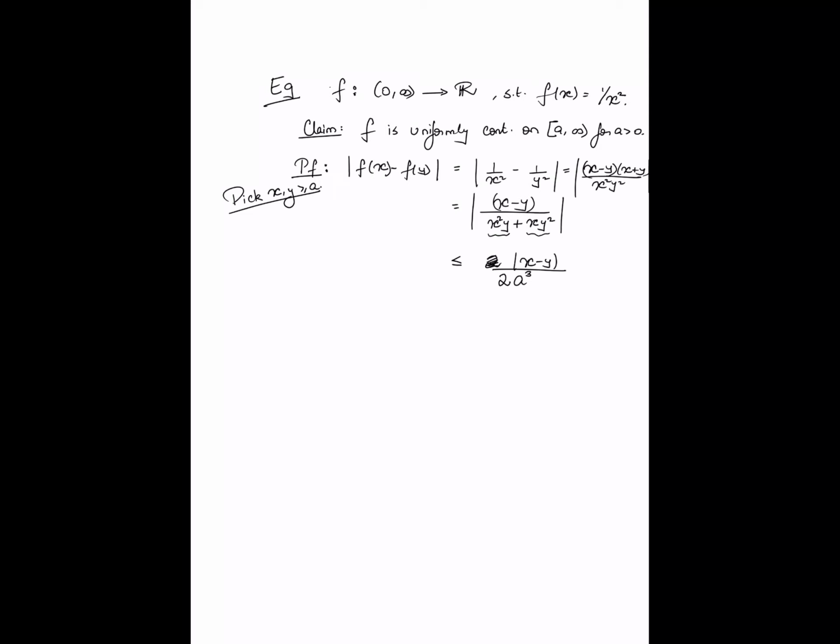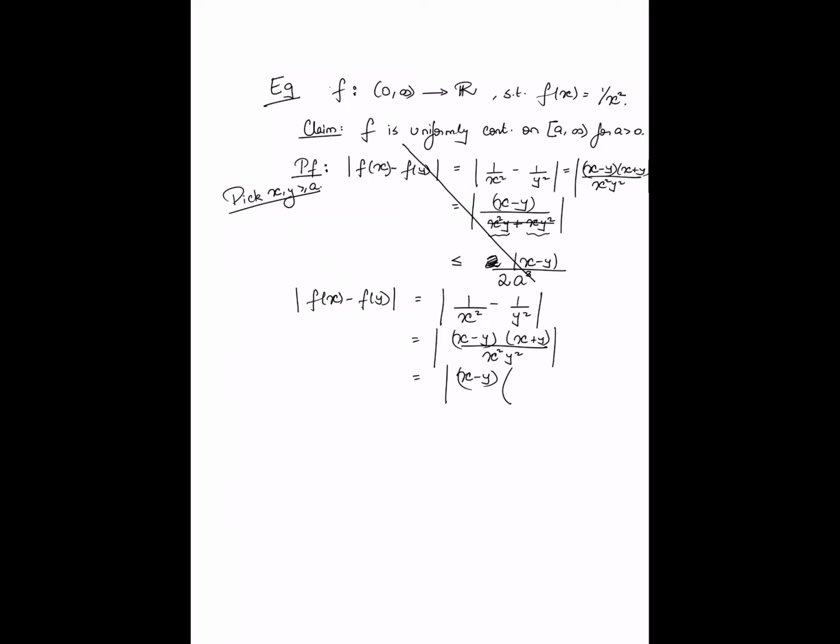All right. So maybe what I'll do is I'll just redo this bit of the calculation quickly. So f of x minus f of y is equal to 1 by x square minus 1 by y square, right, which is of course equal to x square minus y square upon x square y square. So that's the bit I write as x minus y into x plus y upon x square y square. Now I write this as x minus y into, not, yeah, the mistake was here, right?